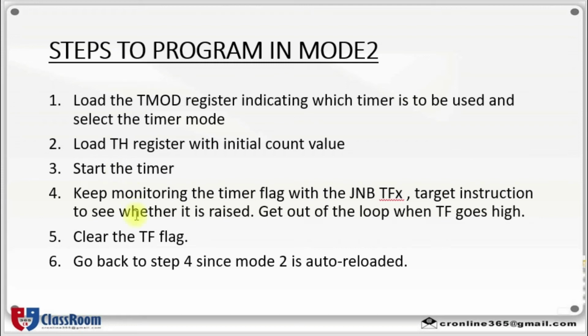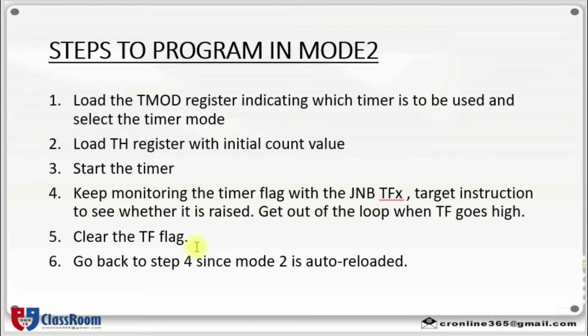It counts from its initial value until it reaches its final value. So you have to monitor the timer flag with the instruction JNB TFx, target, to see whether it is raised. If it is raised, you have to go out of the loop. Then you have to clear the TF flag for the next round of operation.